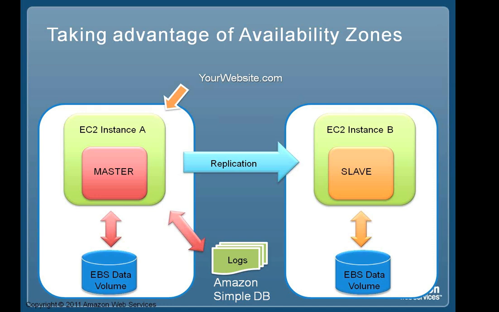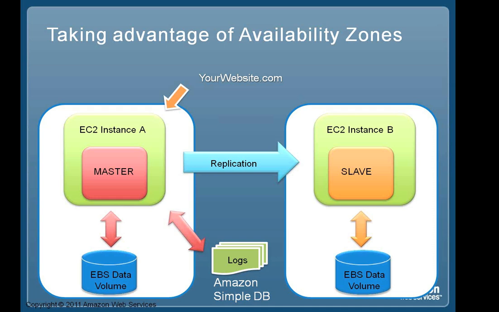Also note that logs are now captured in Amazon SimpleDB. Amazon SimpleDB is available to any location, not just within the availability zone. So if we want the ability to switch logging from one availability zone to the other, we want a system that can accommodate that easily.